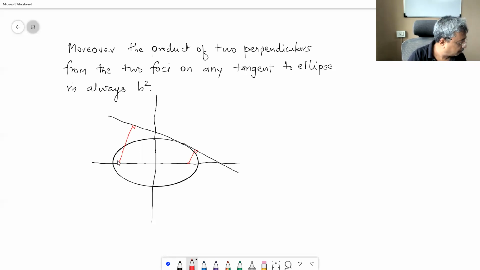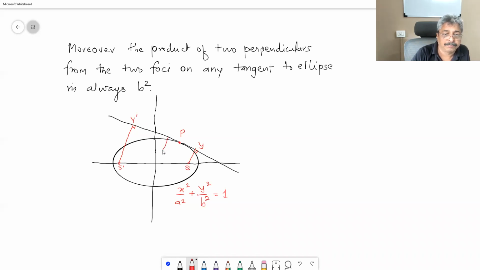Moreover, the product of their lengths is equal to this. You start solving. Perpendicular from origin onto the tangent. Then the length of this perpendicular is going to be small p, and this angle is going to be alpha.